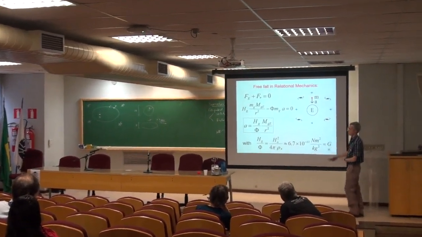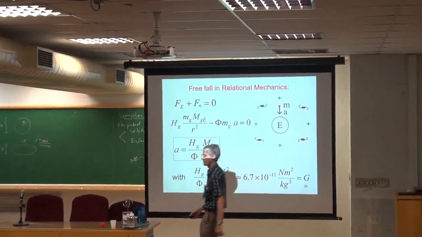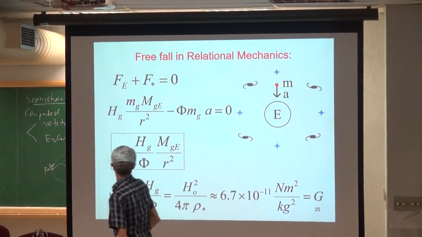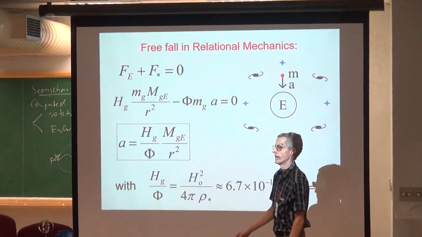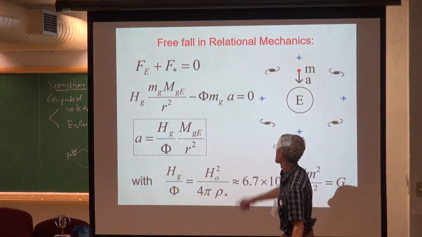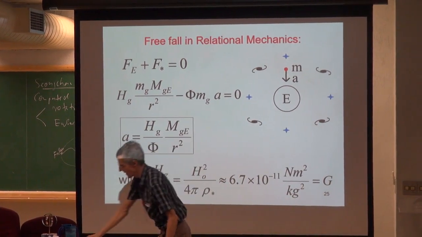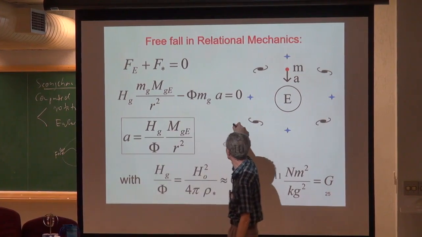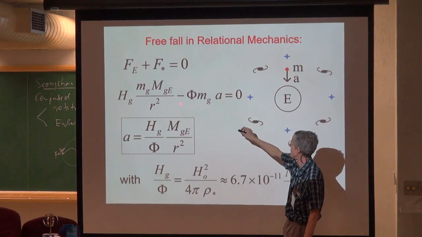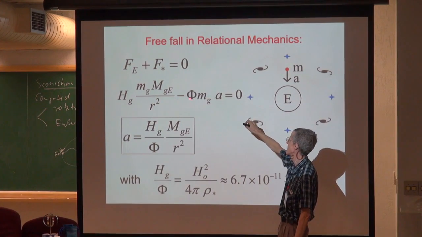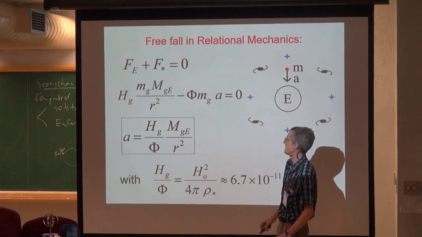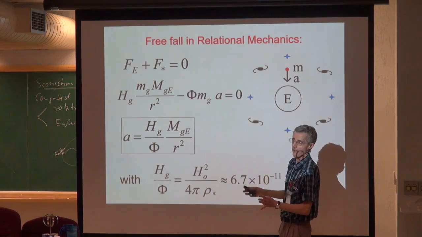Stationary galaxies. I'm studying just the free fall. The force of the Earth plus the force of the stars is equal to 0. Then I show with relational mechanics that the force of the stars is minus capital phi ma. So is that Newtonian mechanics?